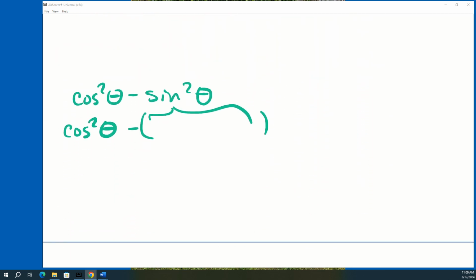Be careful distributing the negative on this one. So we're just trying to find sine squared theta, not negative sine squared theta. Yes, just find sine squared theta.